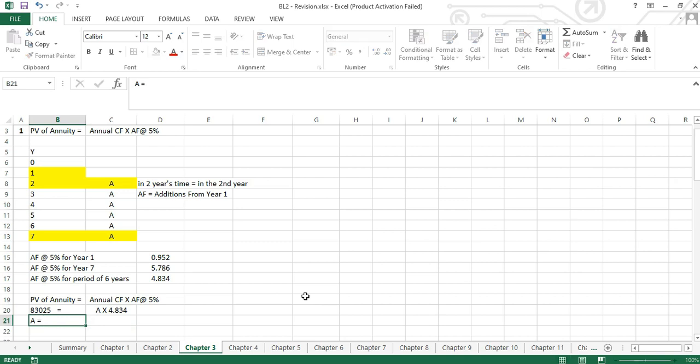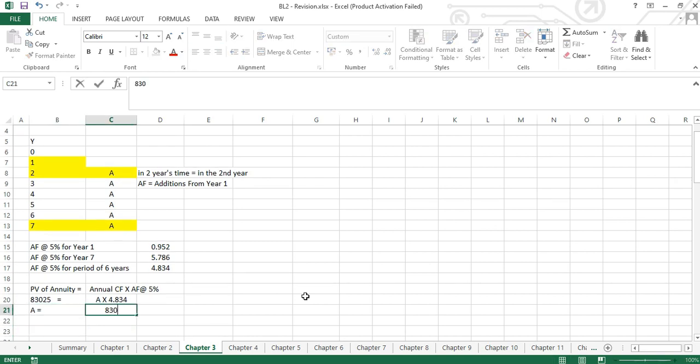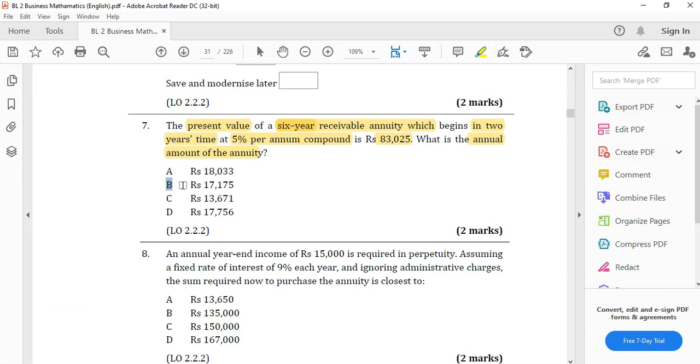Therefore, A will be equal to 83,025 divided by 4.834, which is 17,175. So that will be answer B.